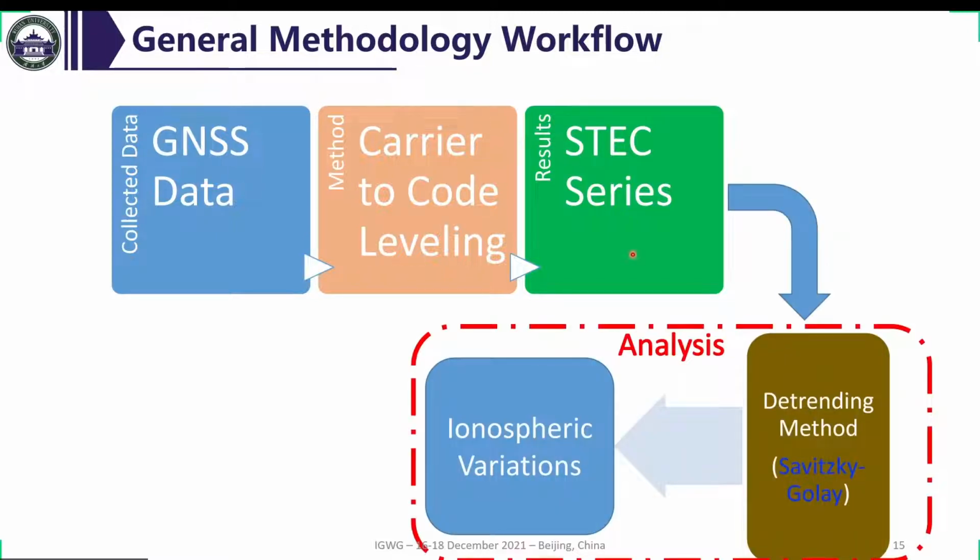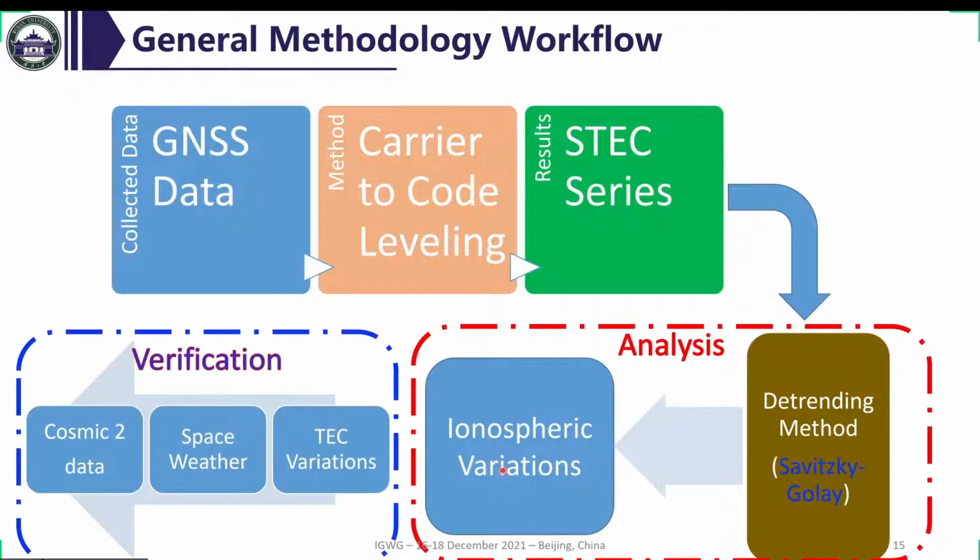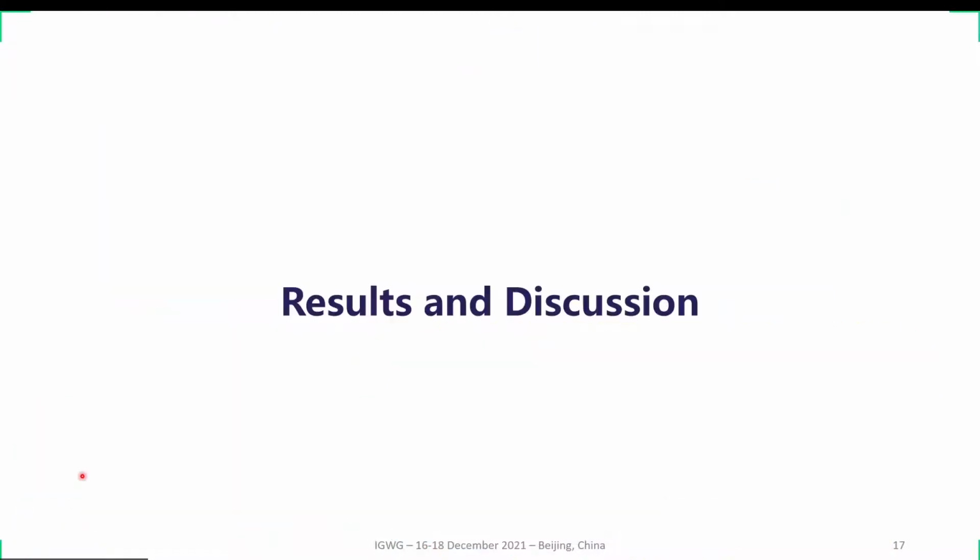Then we use the Savitzky-Golay smoothing filter as a trending method to find the ionospheric variation. After that, we use the space weather to check if it is in a stable state or not, and also COSMIC data to verify our results.